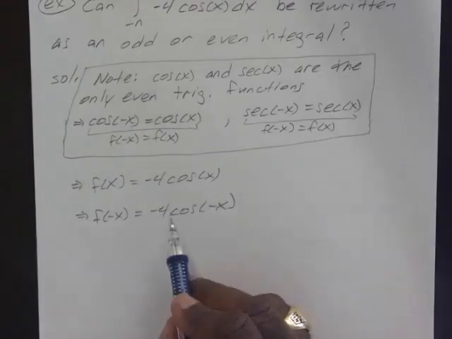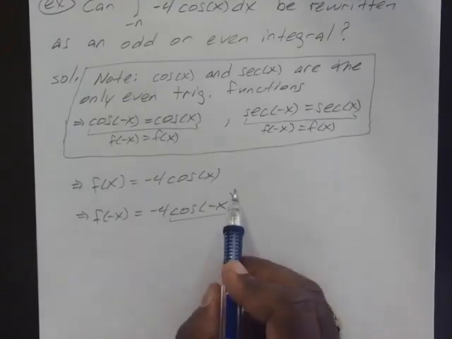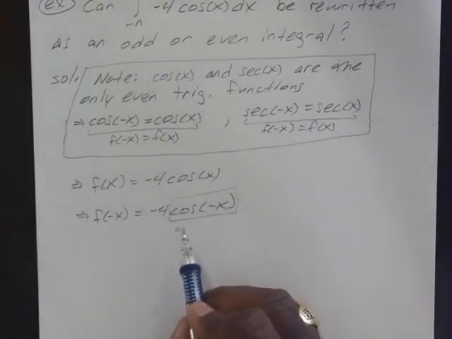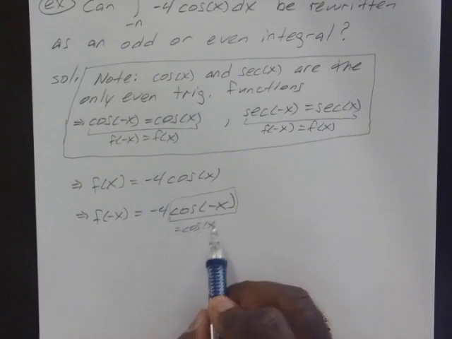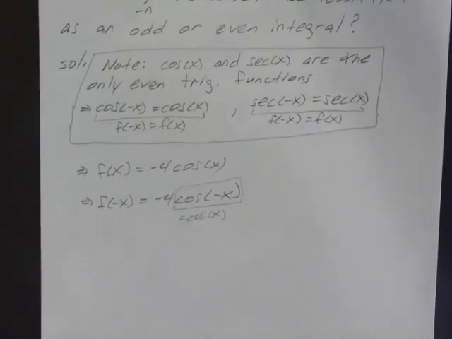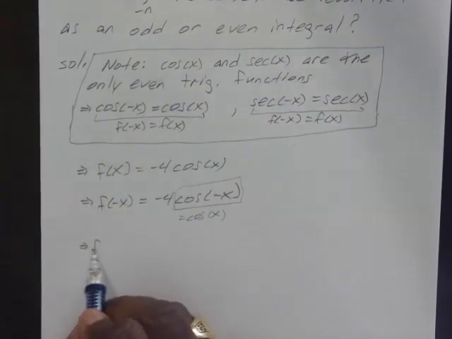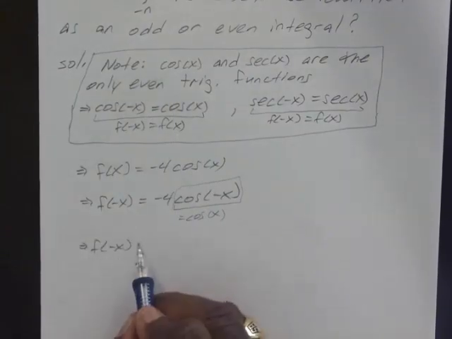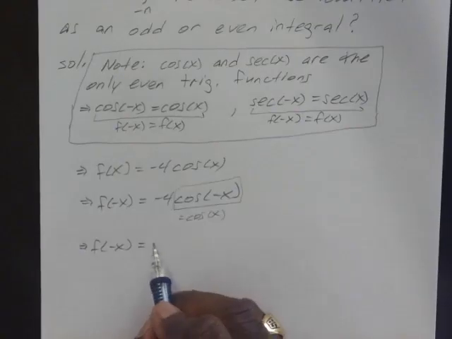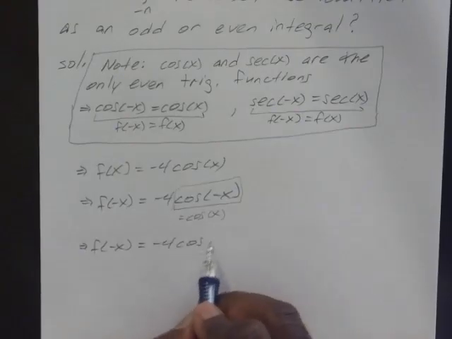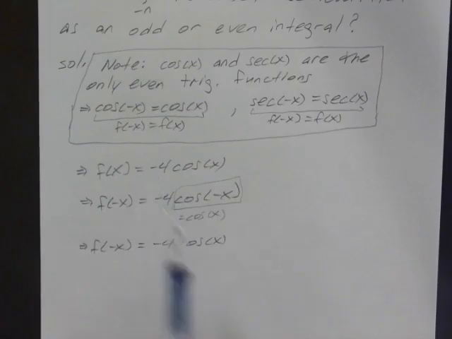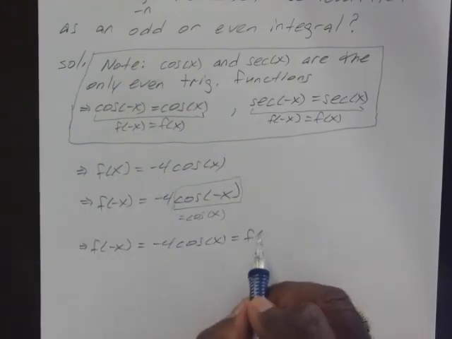We know that cosine of negative x is equal to cosine of x, because cosine is an even function. So f of negative x is still equal to negative 4 times cosine of x, which is your original function.